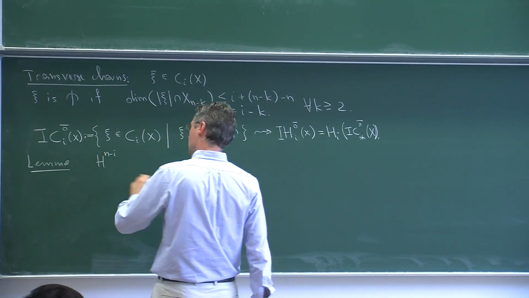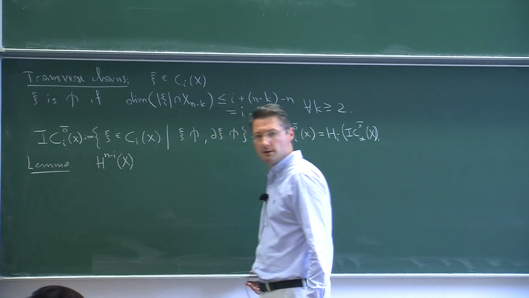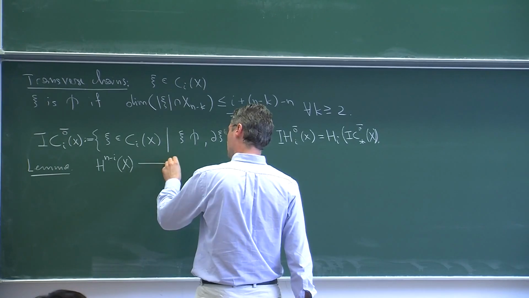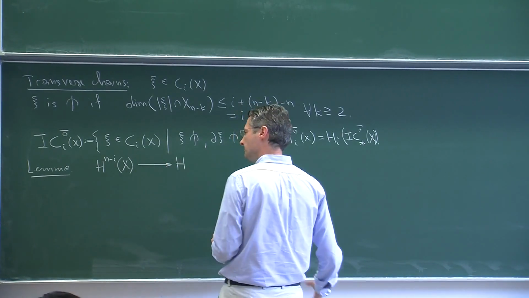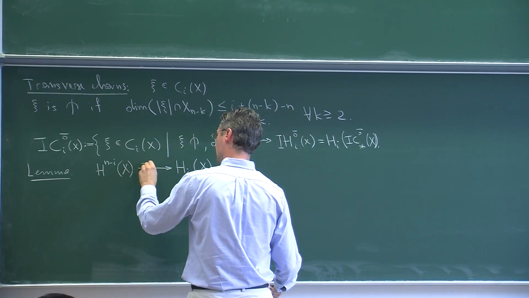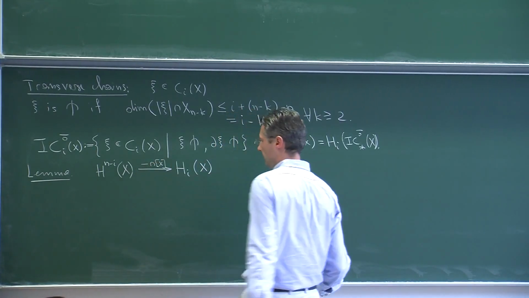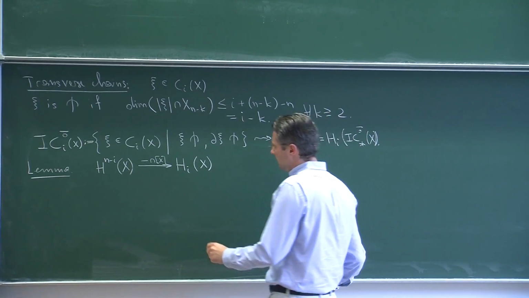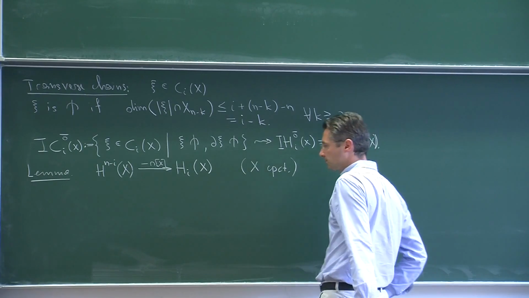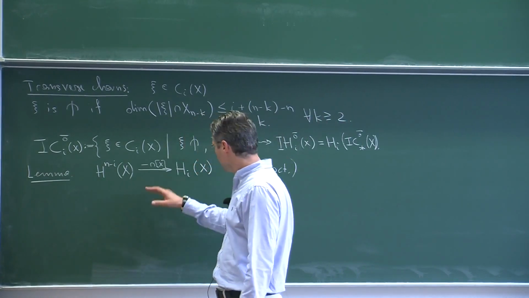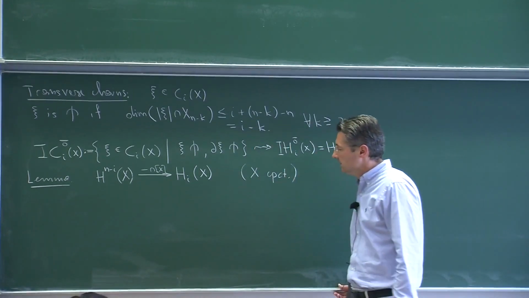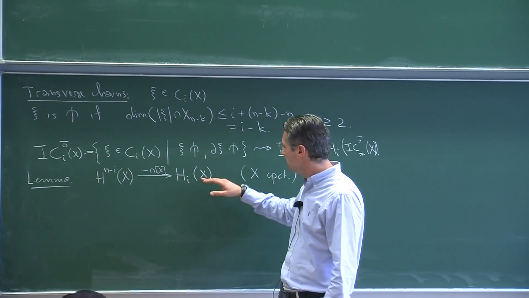So if I go from the cohomology of x to the homology, via cap product with x, and here maybe let's take x to be compact. I mean, really here I want to emphasize the singularity structure. That's sort of the important aspect here.